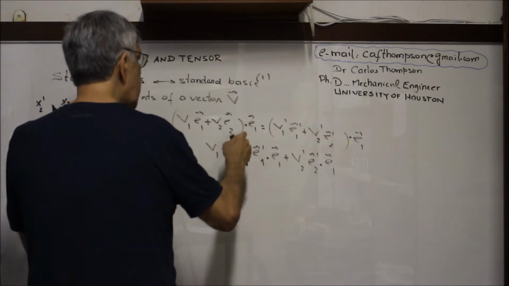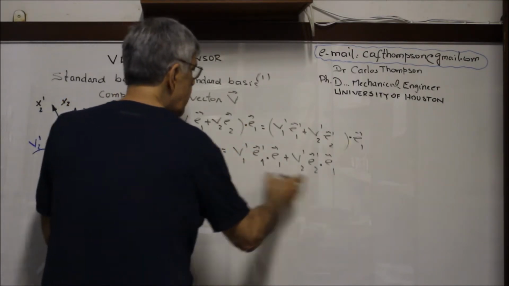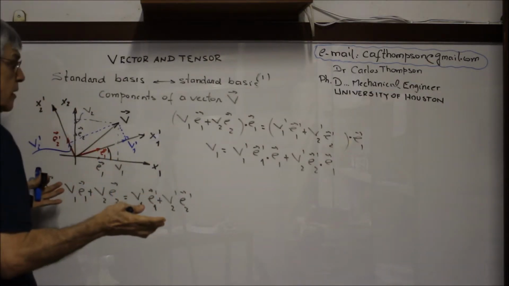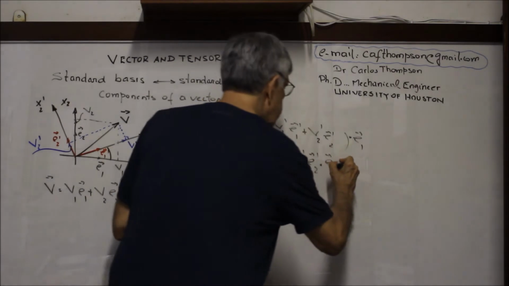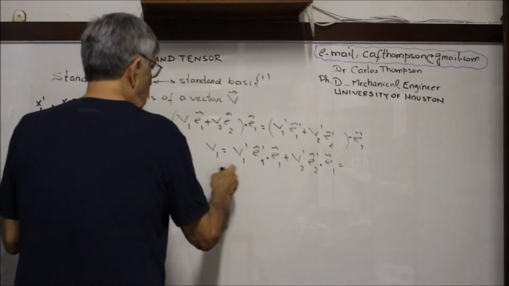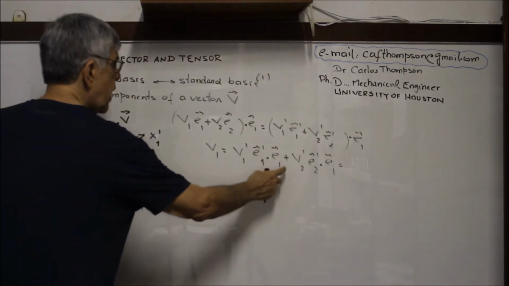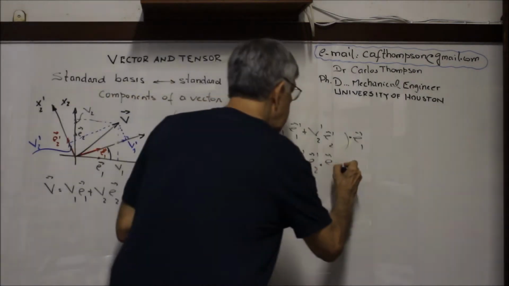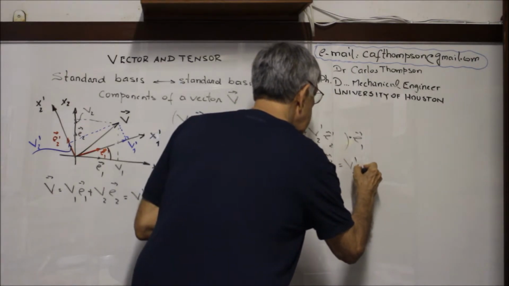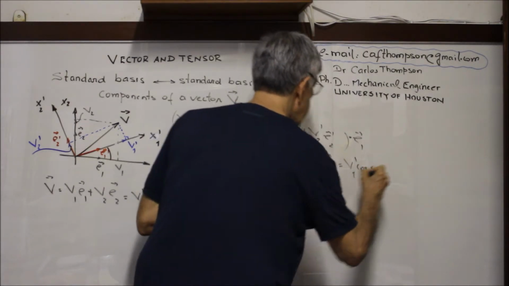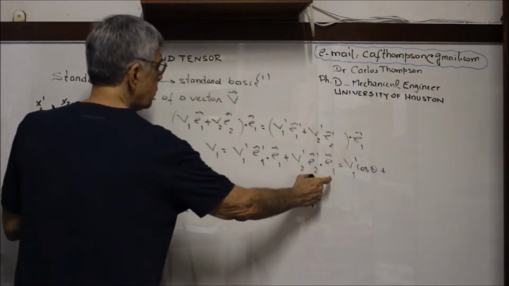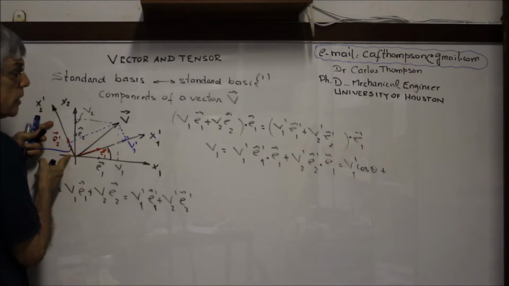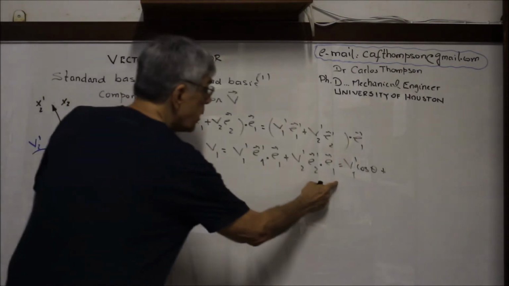Now, I see the angles between these unit vectors, which I did last time. What is the angle between E1 prime and E1? So this will be V1 prime cosine of theta plus. Now, what is the angle between E2 prime and E1? Attention here, E2 prime and E1.